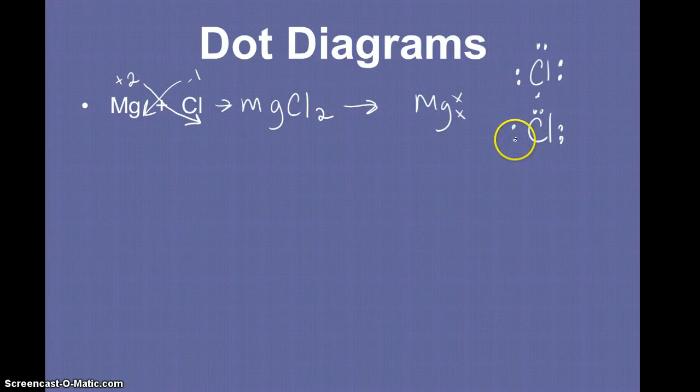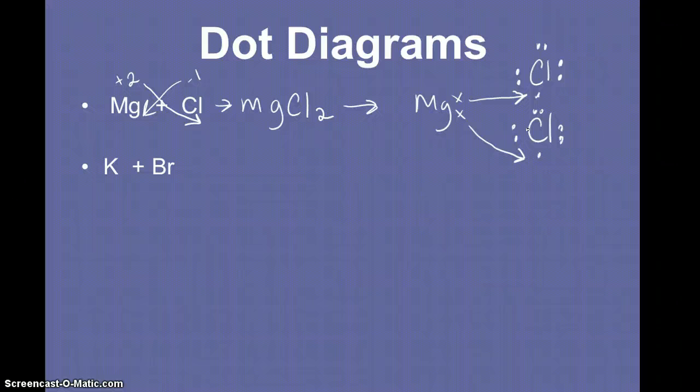Just quickly draw these here. This electron will be lost to chlorine there. This one will be lost to chlorine right there, making them all very, very stable. Just to give you an idea.